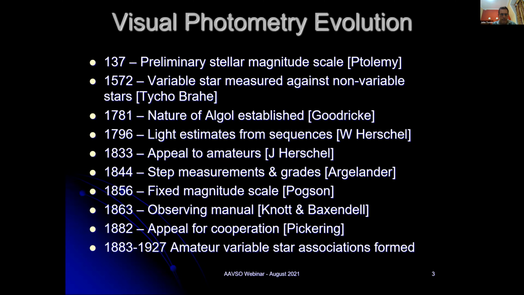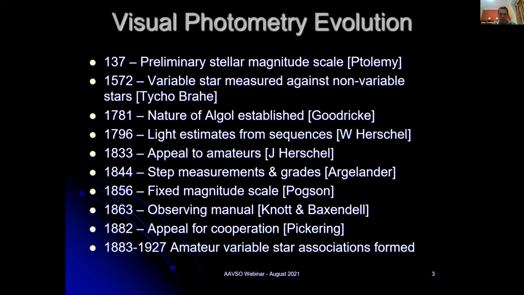And then moving on almost 1,500 years, we have for the first time a variable star being measured against non-variable stars. That was undertaken by Tycho Brahe in 1572, when a supernova occurred in the constellation of Cassiopeia.